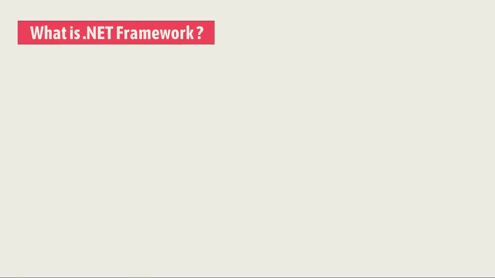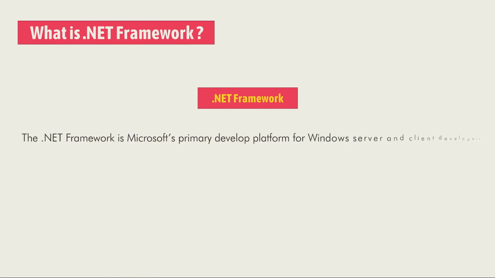Let's get started. So, what is the .NET Framework itself? The .NET Framework is Microsoft's primary developed platform for Windows Server and client developers. It's a very powerful and mature framework. It's been around for about 15 years or so, with a huge class library known as the .NET Framework class library, and I'm going to discuss this in a separate video, that supports a wide variety of applications and solutions on Windows.